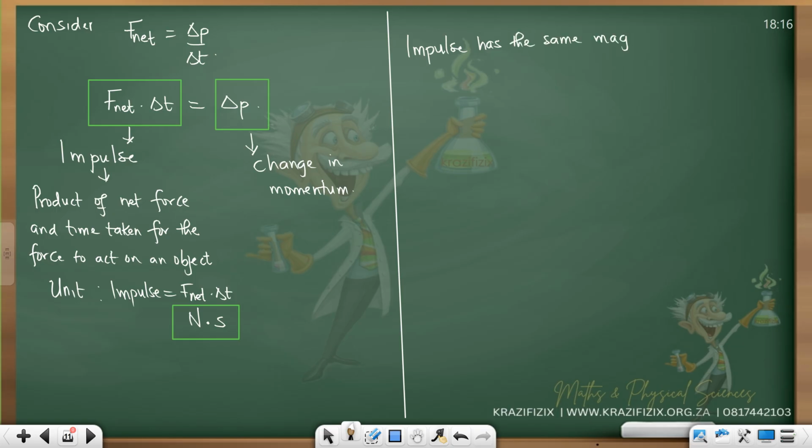So an examiner would give you change in F net and time they want. So we can get so many things. From here we can get F net, we can get time, we can get mass, we can get velocity. So please take note of that.